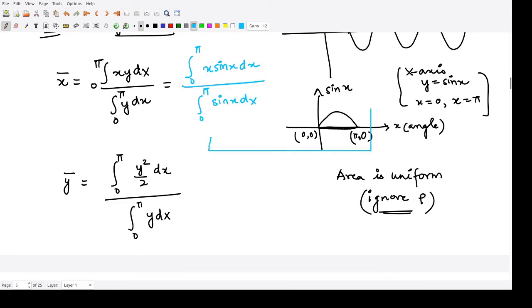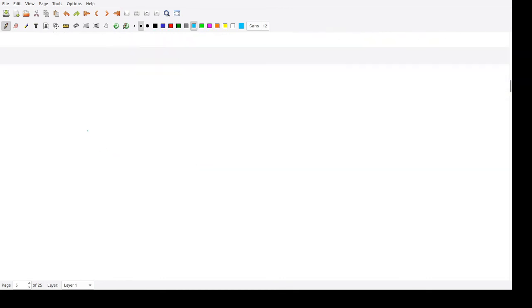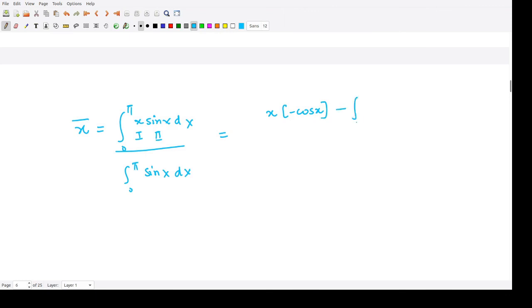So we can solve this one. Let us first solve this one. So the x coordinate would be integration from 0 to pi of x sin x dx divided by integration 0 to pi sin x dx. Firstly, calling x the first function and sin x the second function, it would be first function as such times integration of second, minus integration of derivative of first times integration of second, and here the limits vary from 0 to pi.